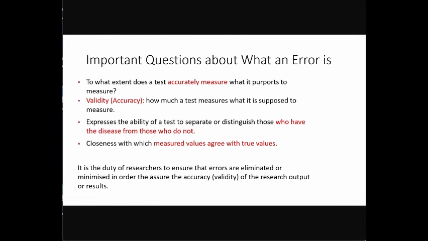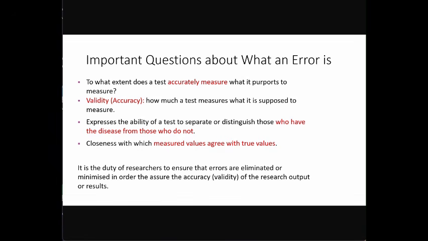So these are valid questions. When we say accuracy or validity, how much a test measures what it's supposed to test, right? When you say a test is valid, we are saying that it accurately measures what it tells us it measures.